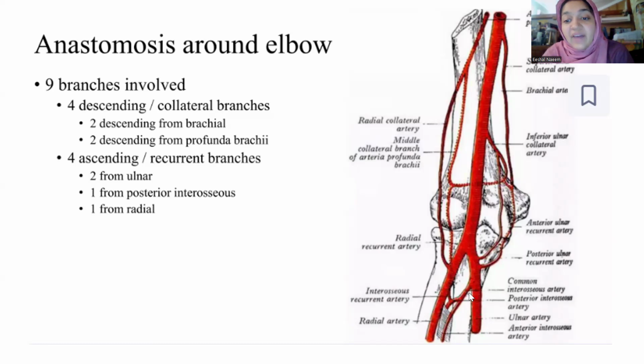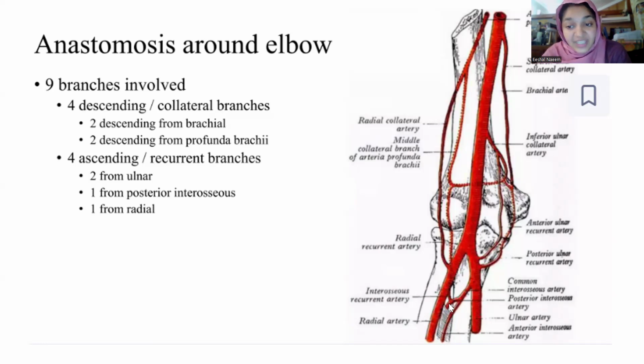Now remember, we have another artery which is called the common interosseous artery. The common interosseous artery is given off by the ulnar artery, right? This is your ulnar artery. Now the common interosseous artery further divides into two arteries, the posterior interosseous artery and the anterior interosseous artery, right?